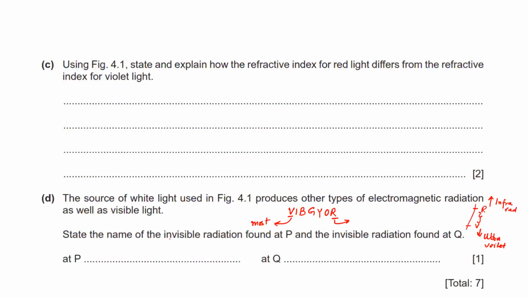So P will be infrared and Q will be ultraviolet. Okay, so this is how we are going to solve this question.